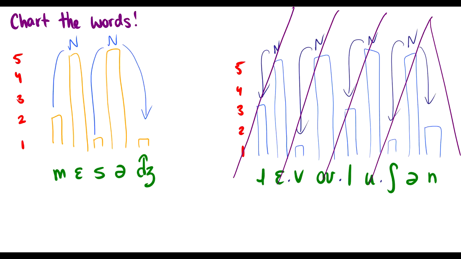So codas, not all syllables have codas, so not all of them will be pyramids, but they should always build up and build down. You should never build up, then down, then up again in the same syllable. This goes for any language, every language. So this is a universal principle, sonority hierarchy. So this is a way that we can figure out syllables as well.